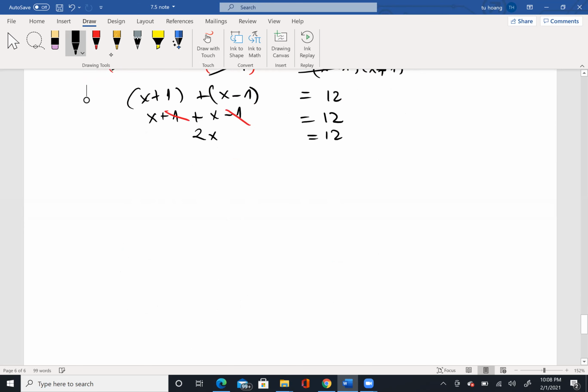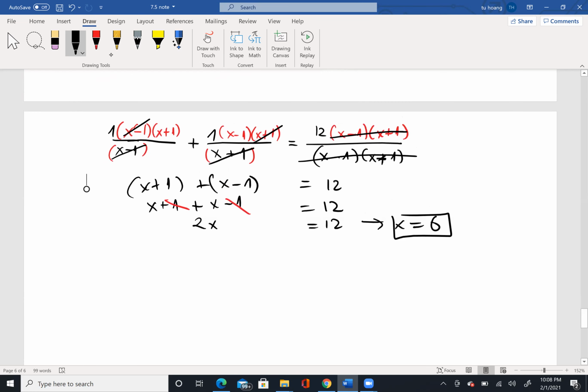So then you have x equal to 6 as the answer. Make sure to note that x cannot equal positive or negative 1 because the bottom is not equal to 0. Okay, and x equals 6 is fine, so that's good.